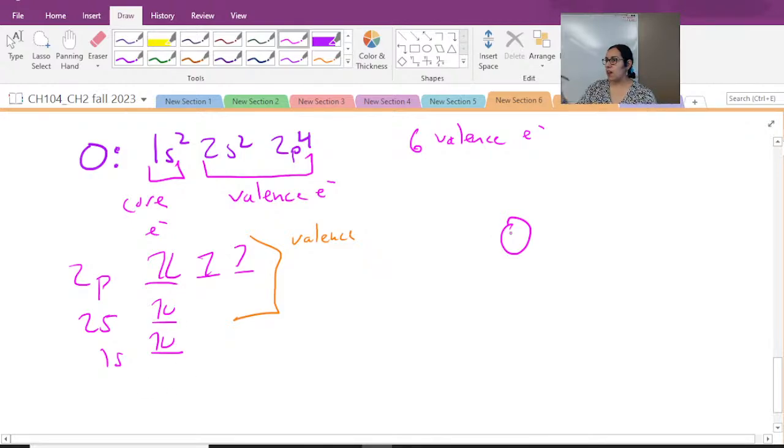And usually in people's elementary understanding of this, they say put an electron on each side. So you're like 1, 2, 3, 4, 5, 6. And that does give you the right answer in this case, but I would say it's not really accurate, and we want to get a deeper understanding now.